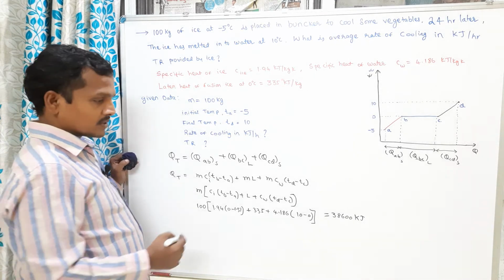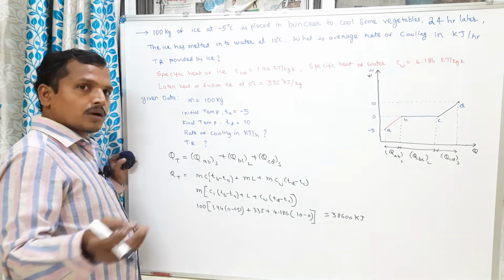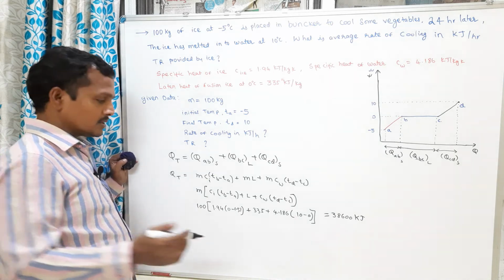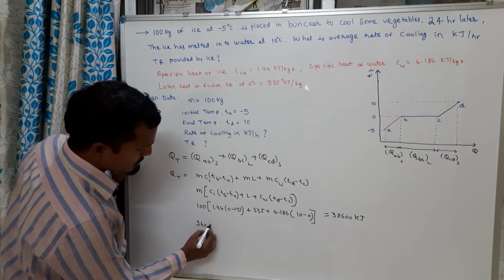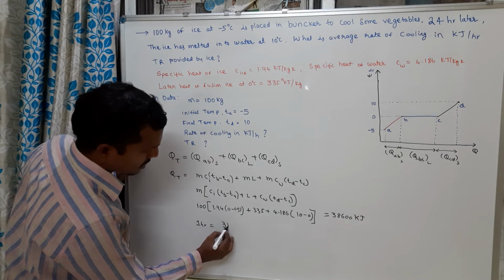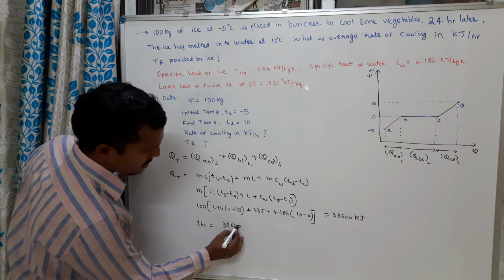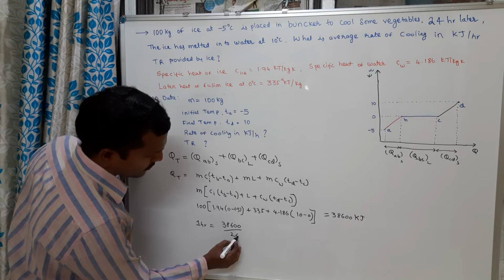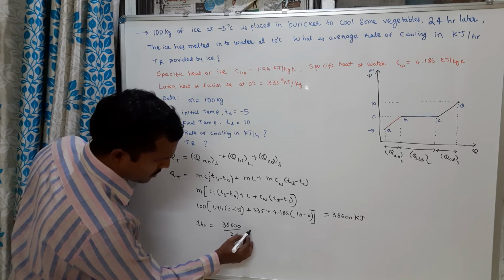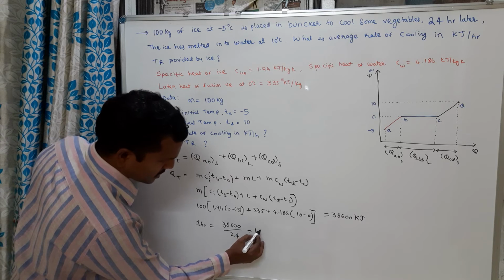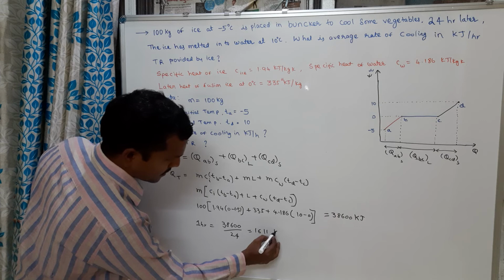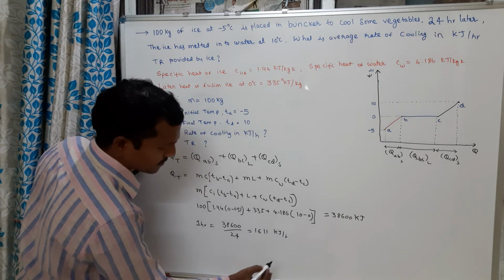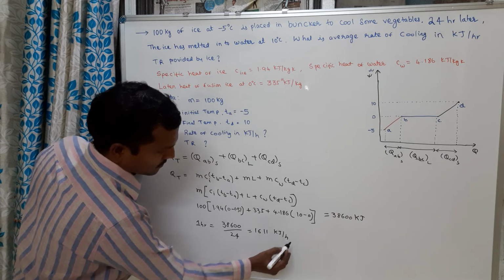So in 1 hour, how much heat is absorbed by that ice? That is 38,600 divided by 24. From the calculation, 1611 kilojoule per hour.